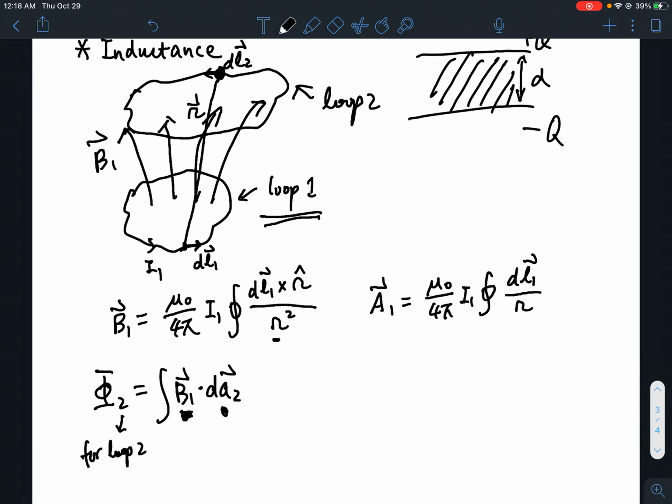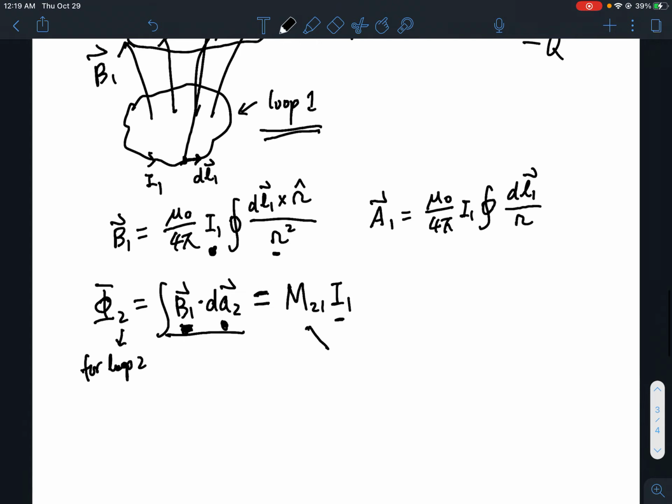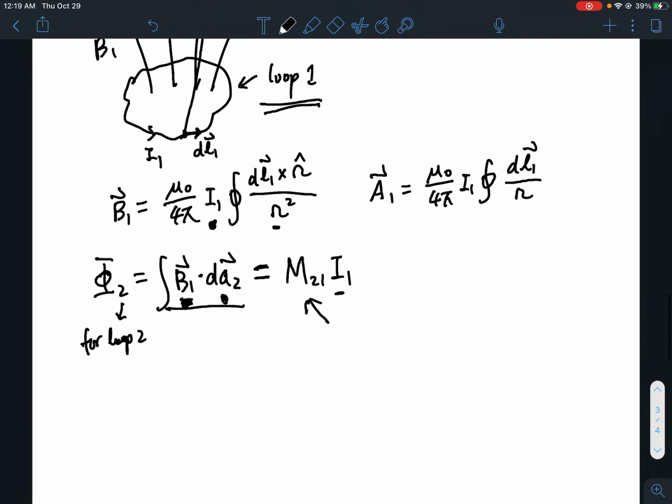Because B1 is proportional to the current I1, you can imagine that this integral should be proportional to I1. This value I currently call M12. This is called the mutual inductance of the two loops.